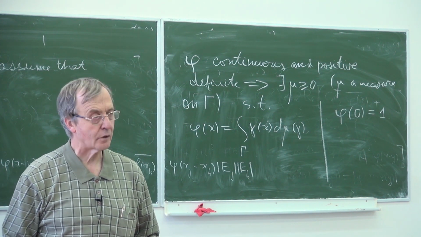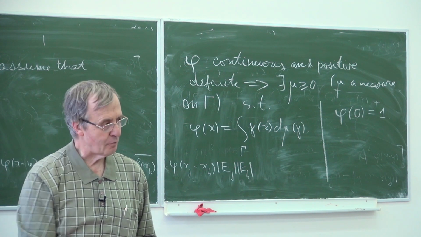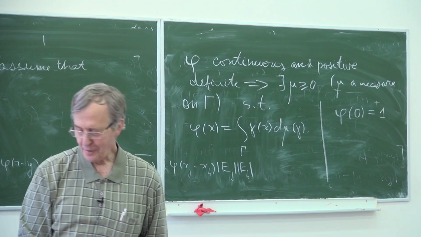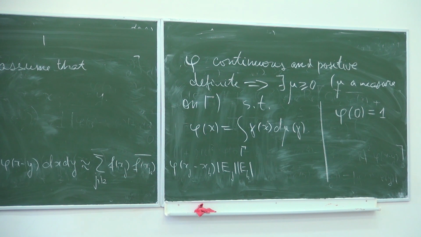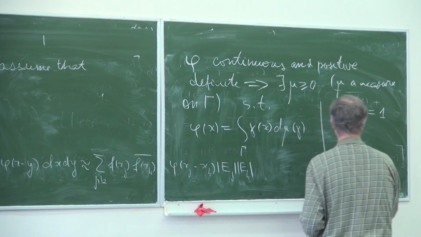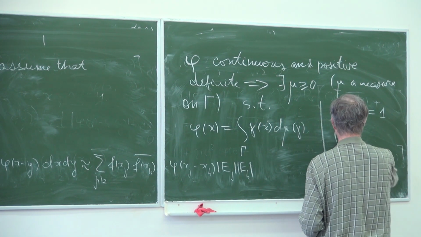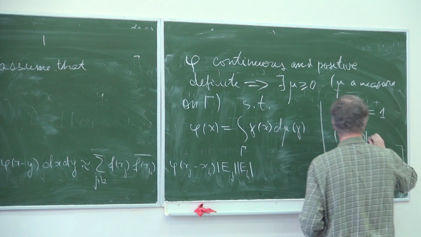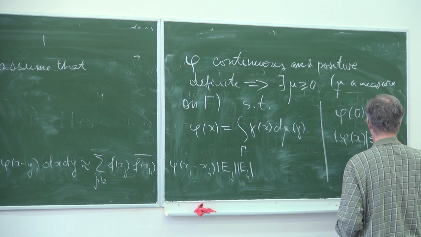Our function is identically 0, and the 0 measure represents it. Otherwise, we can divide everything by phi of 0. Then phi of x is less than or equal to 1 everywhere.